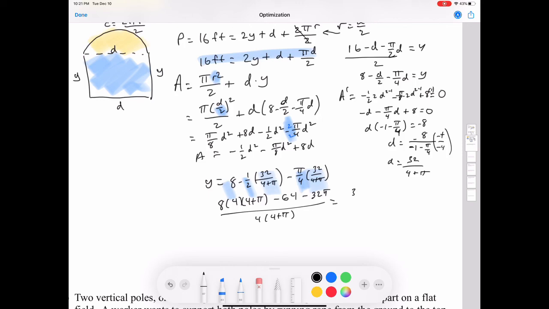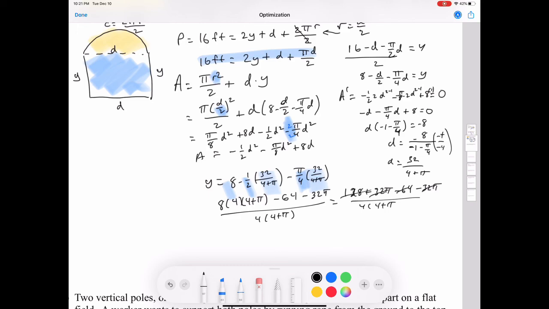Top is 32 times 4. It's going to be a big number. 32 times 4 is 128. Plus 32 pi minus 64 minus 32 pi. Hey, these cancel out. These subtract out. 4 plus pi.